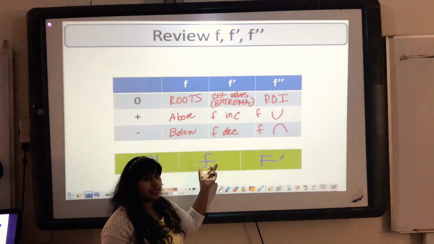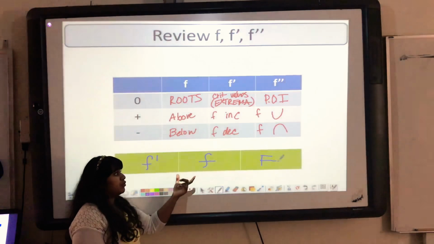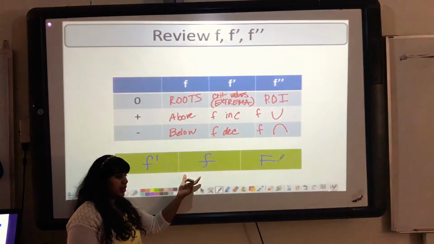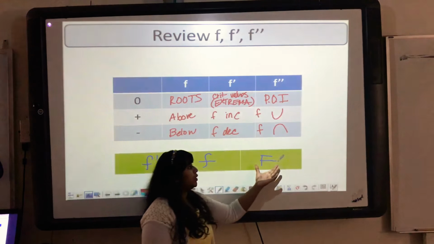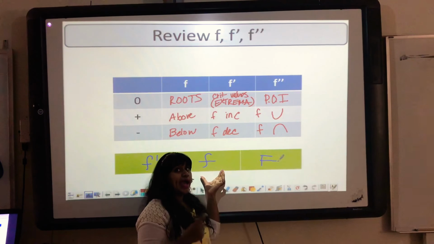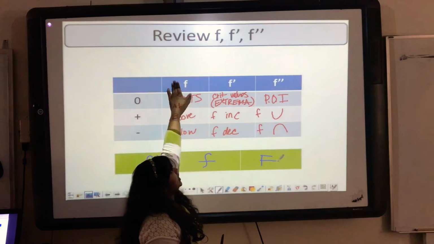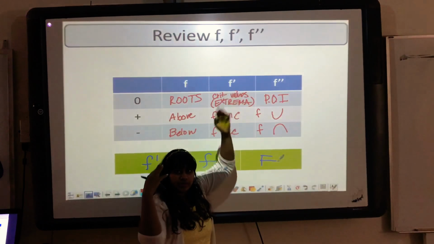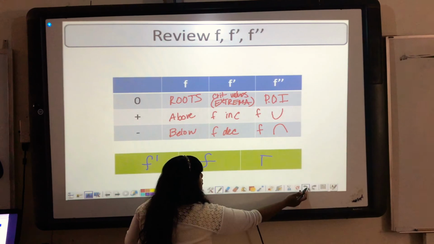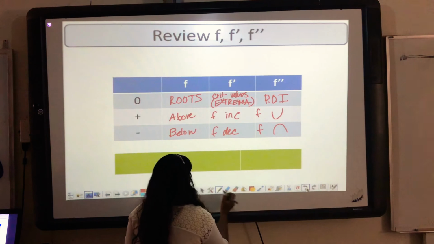What I mean by that is, if I was given a graph of... what am I trying to say? If I know an integral, its derivative would be the relationship between f and f prime. I guess I should have written this backwards. Let's write it the other way around.